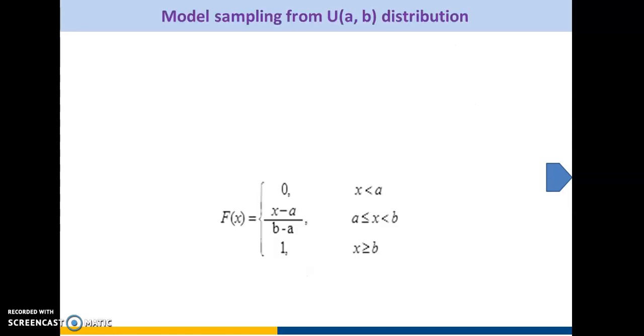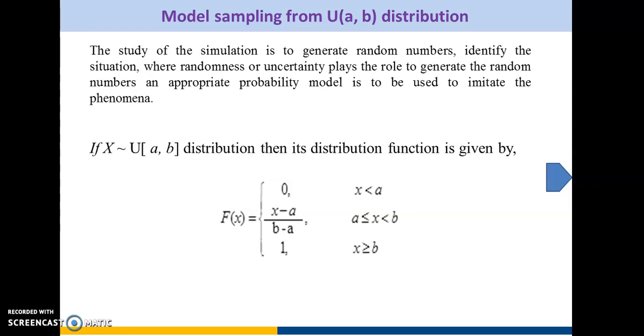Now we will see how random sampling is useful in the simulation technique. To study the simulation, we have to generate random numbers and identify the situation where randomness or uncertainty plays a role.